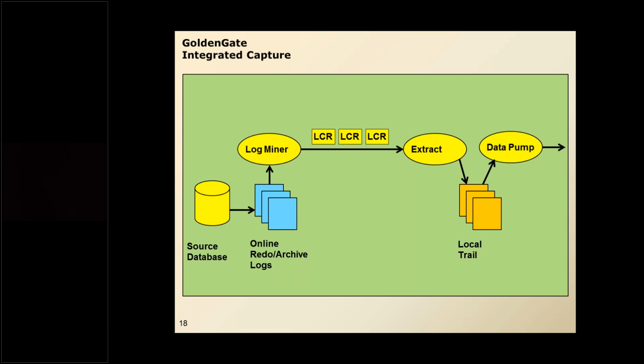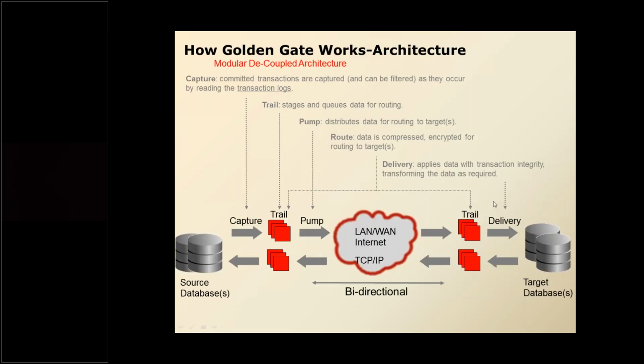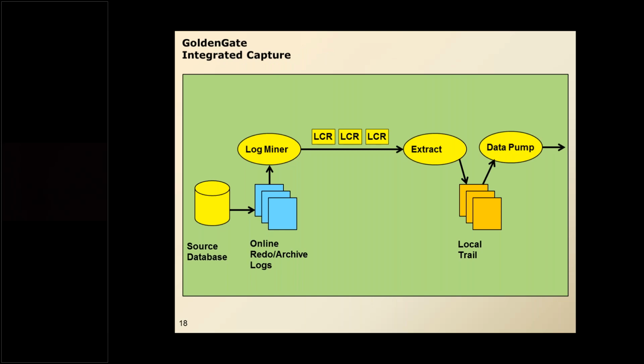Prior, in classic extract, it used to establish the connectivity, read the transaction logs on its own and capture the changes that were needed. However, now the extract process receives the changes from the log miner database in the form of LCRs.